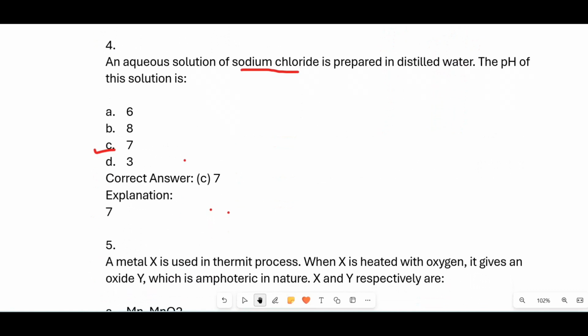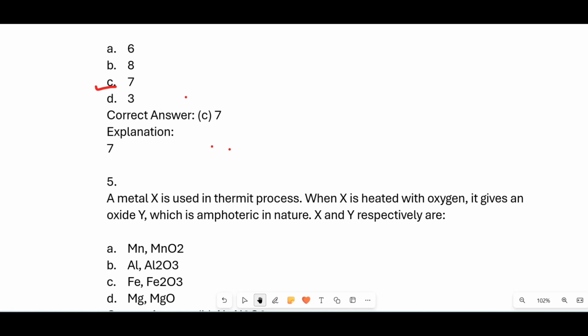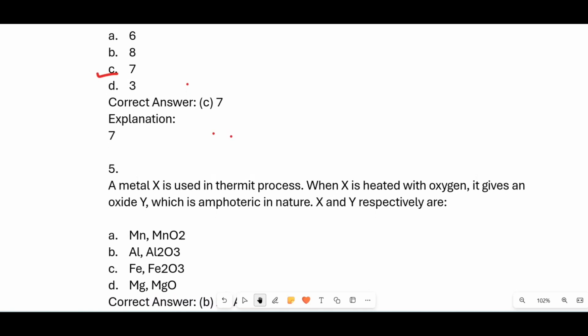Now, a metal X is used in the thermite process, and when X is heated with oxygen, it gives an oxide Y, which is amphoteric in nature. X and Y respectively are? The clue comes here: it's amphoteric, and thermite is also a clue.